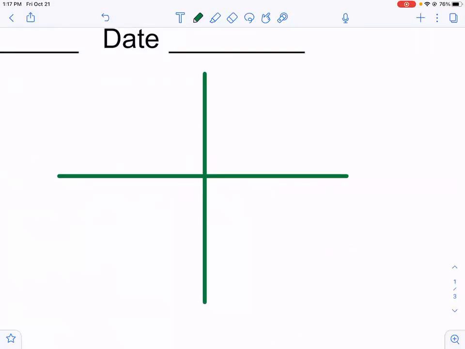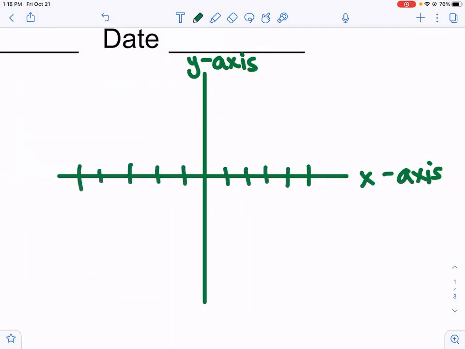Anna, what do we call this right here? Okay, that's the x-axis. Estelle, what do we call this? This is what I would like you to do. I would like you to plot and name 3 points on the x-axis for me.